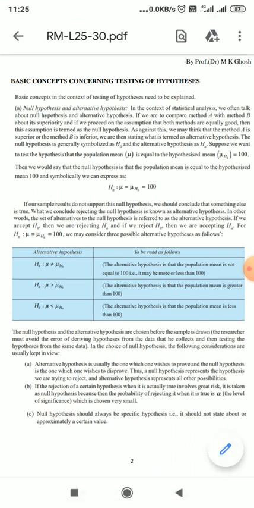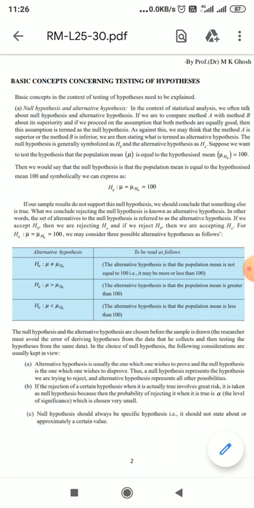Point A, the alternative hypothesis is usually the one which one wishes to prove, and the null hypothesis is the one which one wishes to disprove. Thus, a null hypothesis represents the hypothesis we are trying to reject, and the alternative hypothesis represents all the other possibilities.